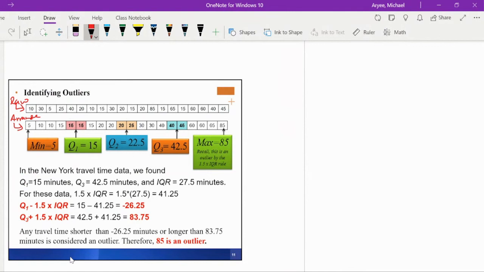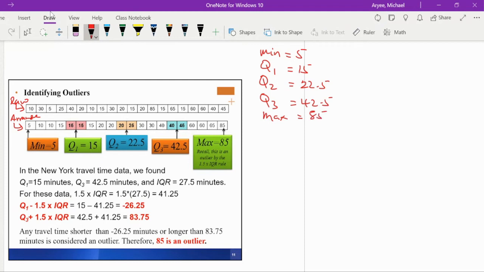Now we've worked with this data already. Actually, let me write a five number summary because that will make our life much easier. The minimum is 5, Q1 is 15, Q2 is 22.5, Q3 is 42.5, and the maximum happened to be 85.